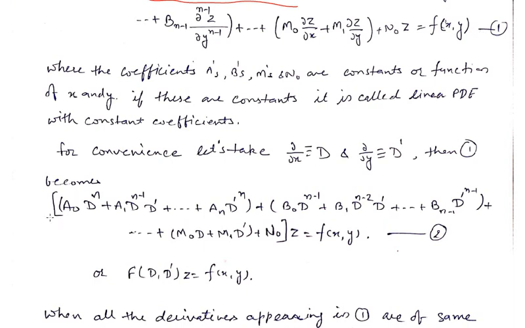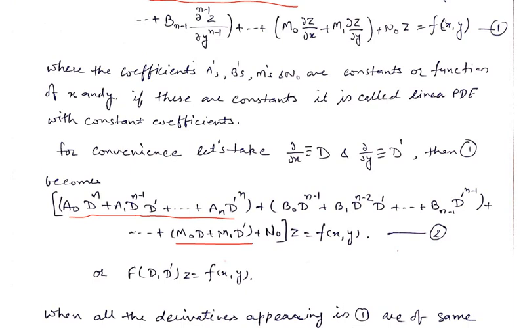So if all the terms of the given equation are of the same order, then we say the given equation is homogeneous. Means if the given equation is an nth order homogeneous equation, it contains only the terms of nth order. If the given equation is of first order homogeneous, then it contains only the terms of first order derivatives.